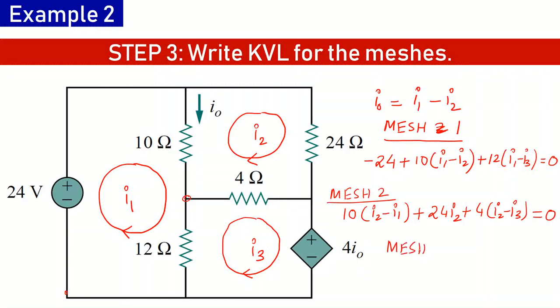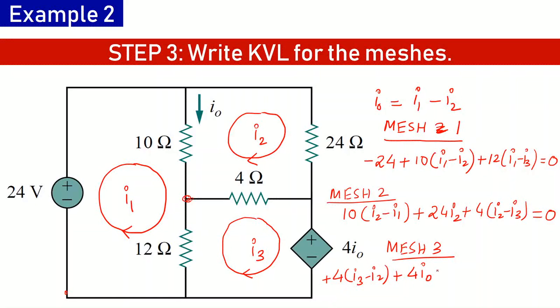And finally for mesh 3, I am starting again from this point in a clockwise direction. The equation is plus 4 (I3 minus I2). Now this is a current dependent voltage source. We see a fall in potential, so this will be plus sign and the value of potential difference is 4 I0.